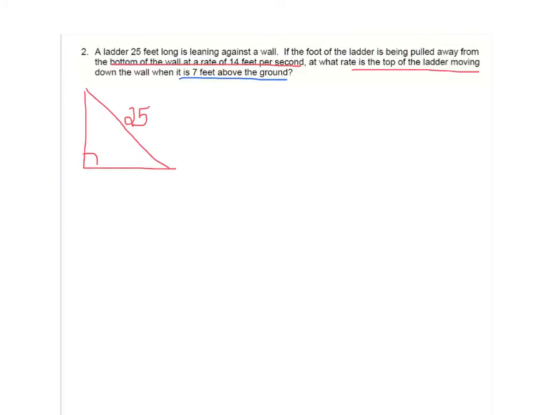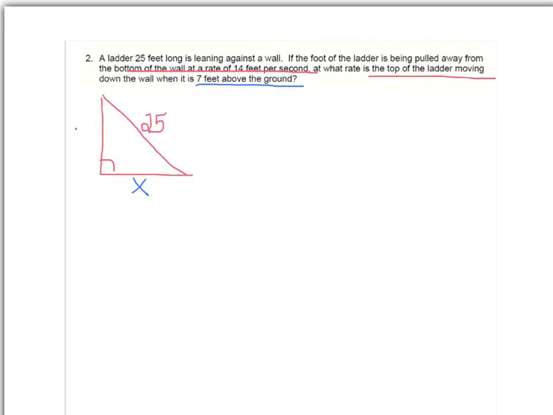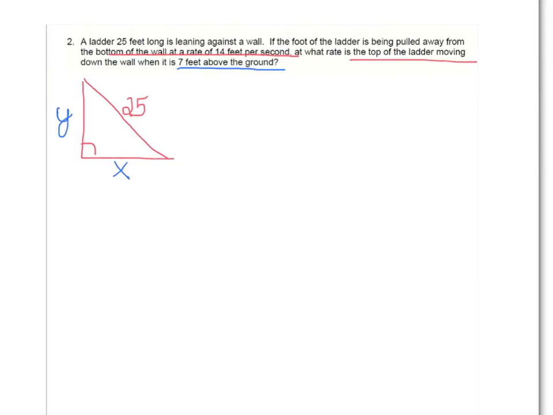Okay, so let's put some variables in so we can talk about this triangle. I'm going to call the base x and we'll call the height y. So if we were going to relate all of these variables with the ladder, we're going to use the Pythagorean theorem. x squared plus y squared is 25 squared.